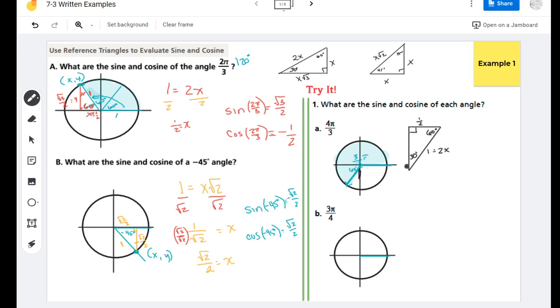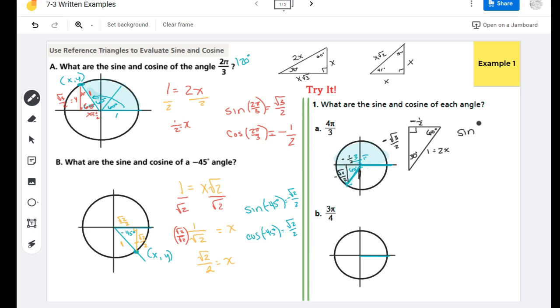And then here, my long leg is the square root of 3 times that 1/2, so it's root 3 over 2. And because that long leg is kind of going down, it's going to be a negative root 3 over 2. Okay? Now, this is also going backwards, right? So this 1/2 is also a negative 1/2. Okay, so we just have to think about the directionality there.